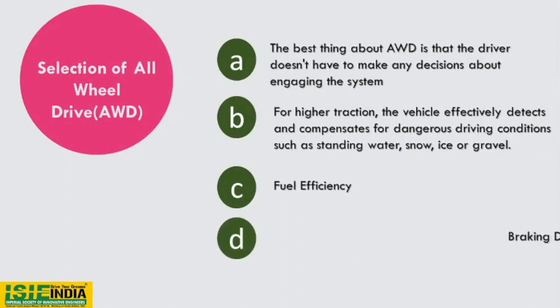And the best thing about all-wheel drive is that the driver doesn't have to make any decisions about engaging the system. Either all the wheels are being driven full-time, or the system itself is designed to sense loss of traction and send some of the power where it is needed.